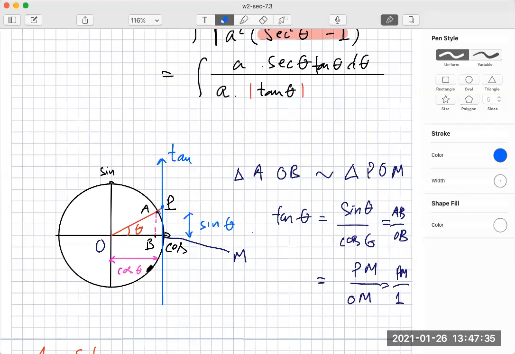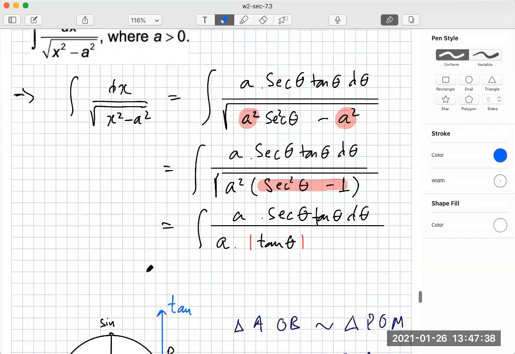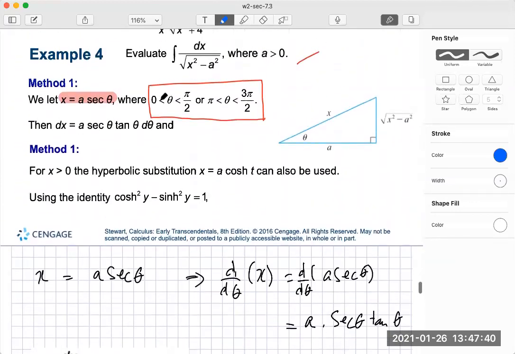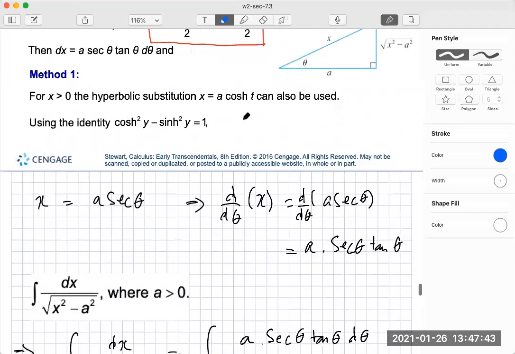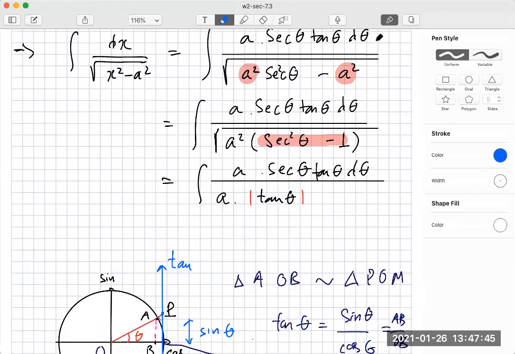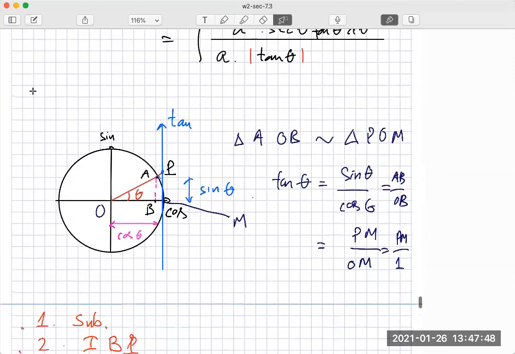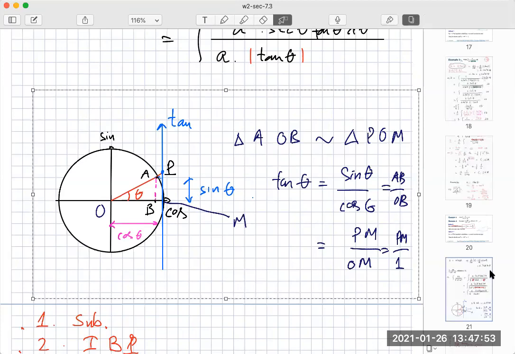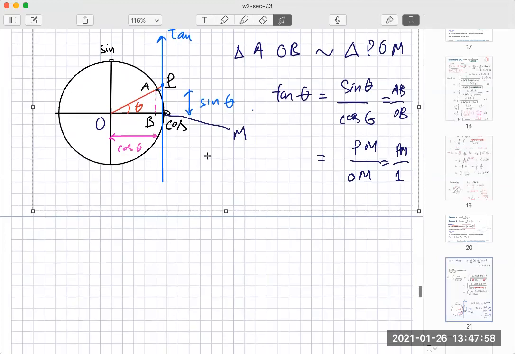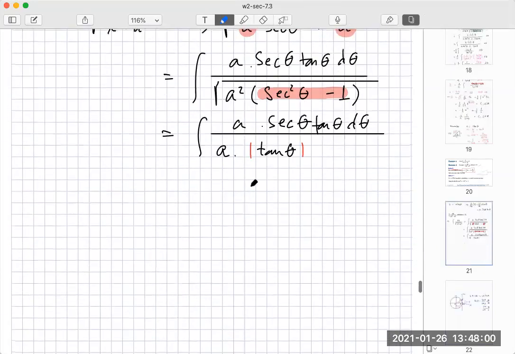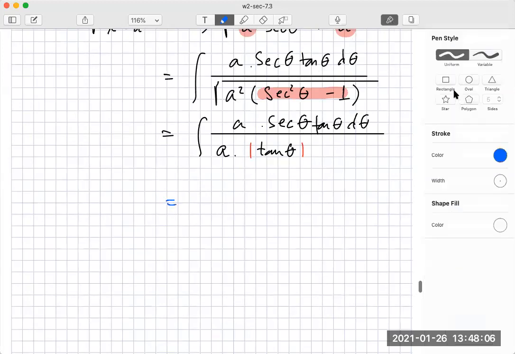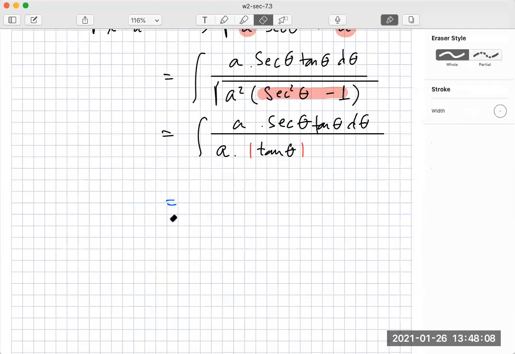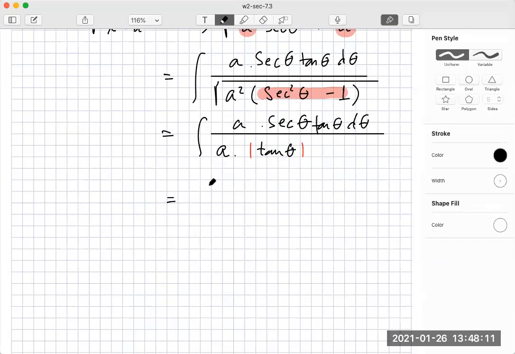So anyway, now let us continue. It is very beautiful that the angle here is from the first and the third quadrant. So tan is positive. Therefore, we can get rid of the absolute sign, right? This guy becomes, A and A cancel.